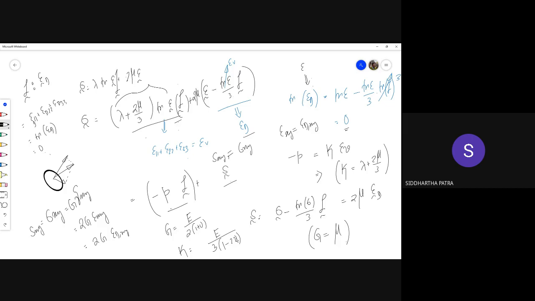So from this, I need you to express the Lame parameters as functions of Young's modulus and Poisson's ratio. So this is your assignment 1.